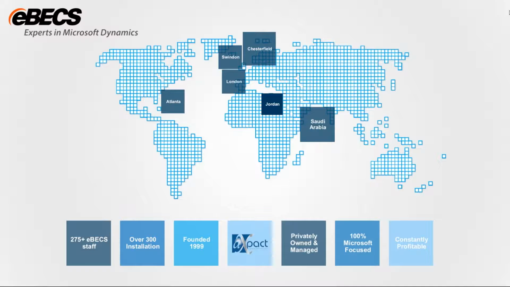We have global presence: 3 UK offices and also offices in the USA and the Middle East. We have been Microsoft Partner of the Year for many years now, I think 5 of the last 6 years. So we're very credible in the Dynamics space. Myself and Paul actually work for the BI practice.